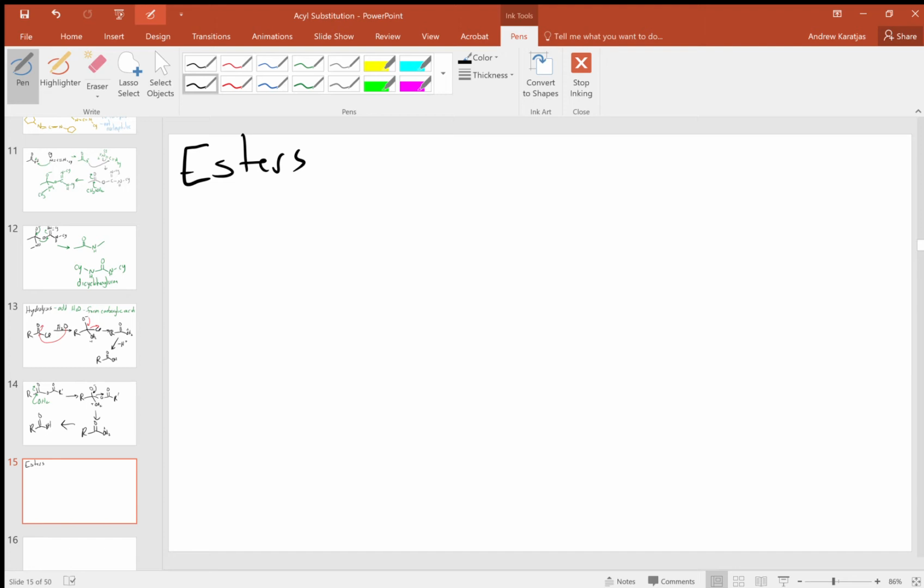We can use acidic conditions, which is going to activate our carbonyl, or we can use basic conditions, which will give us a stronger nucleophile. Now, typically base is preferred because it gives us better equilibrium control, but we will look at both sets of conditions. And so we'll start with the acidic conditions.